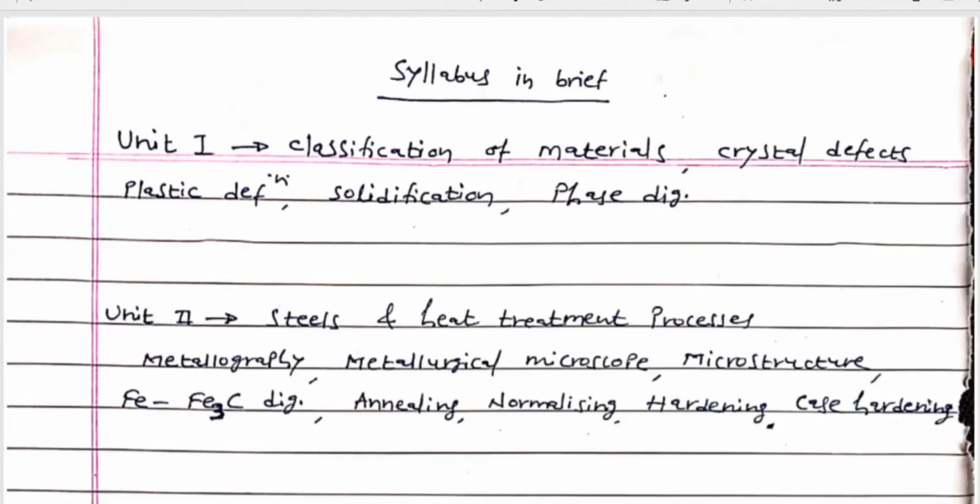While in case of composite material, the identity of each constituent is maintained. Again, we will take the example of RCC. In this RCC, identity of mild steel bar and concrete are maintained.